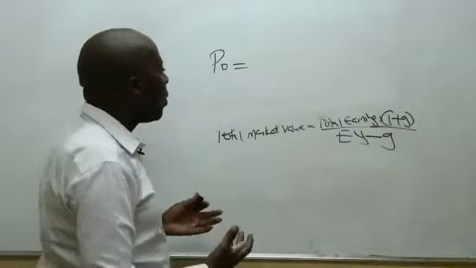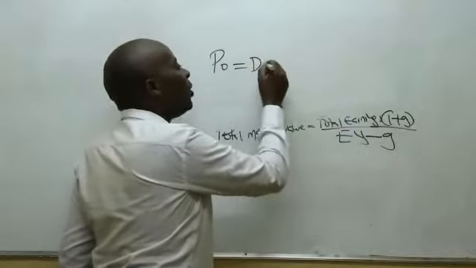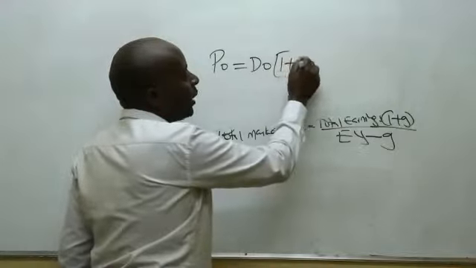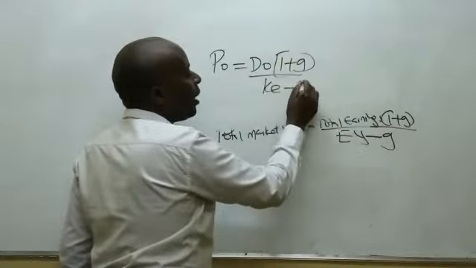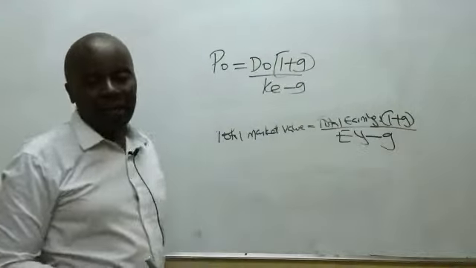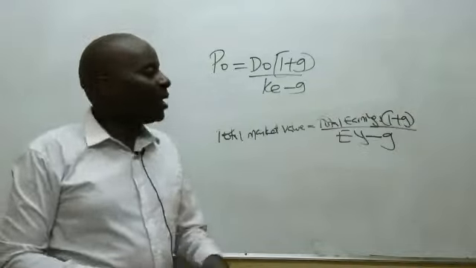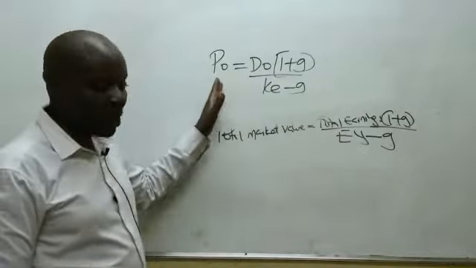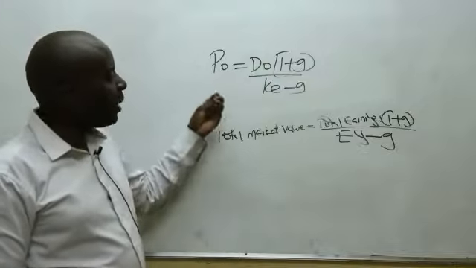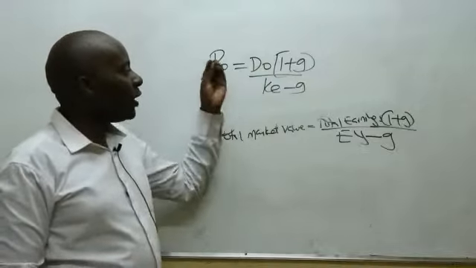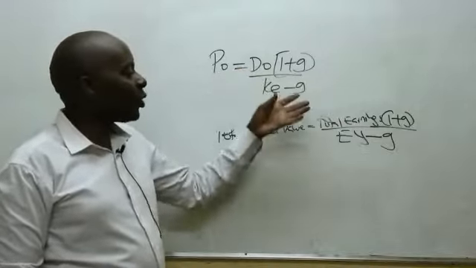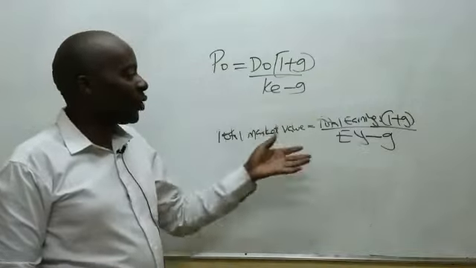Our P0 is supposed to be D0 as usual times 1 plus G, over Ke minus G. That is, P0, the current market value or market price of a share, equals the current dividend times 1 plus G, over Ke minus G.